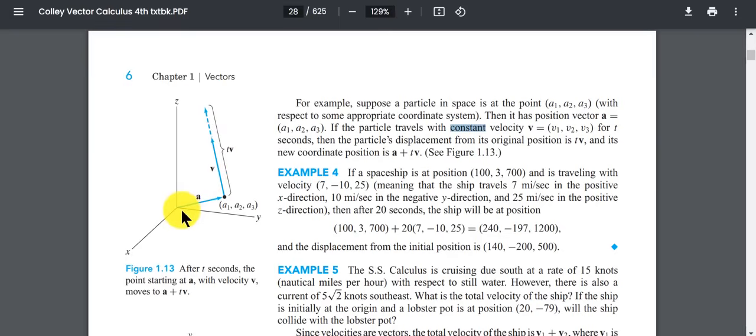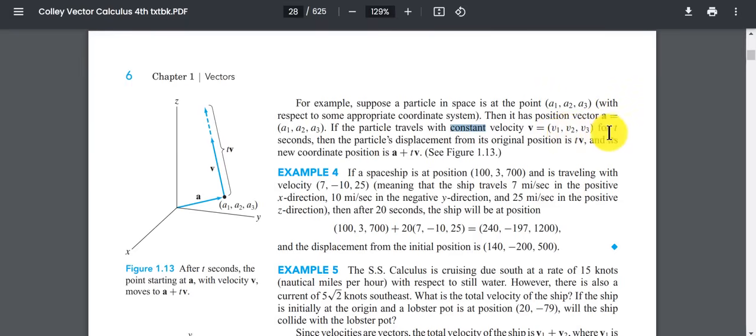So right, we can think of velocity that way. It has an x component, a y component, and a z component. So we're going to specify those components with v. And so v will be a perfect reflection of that velocity.